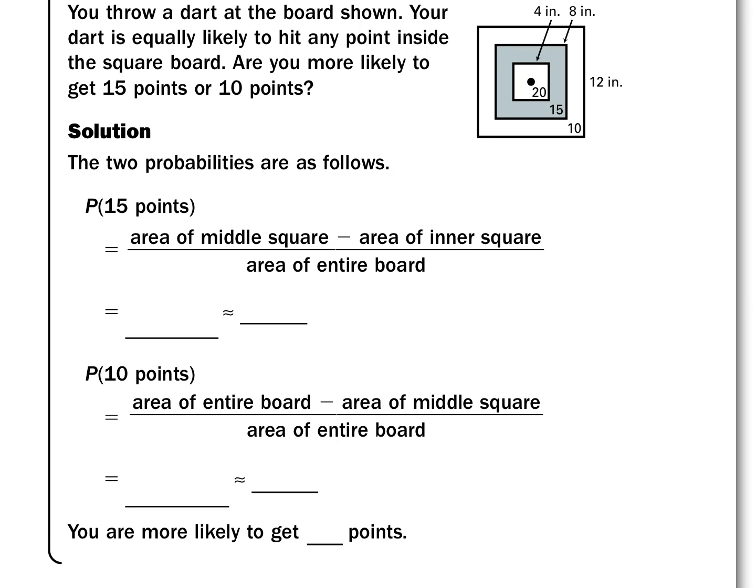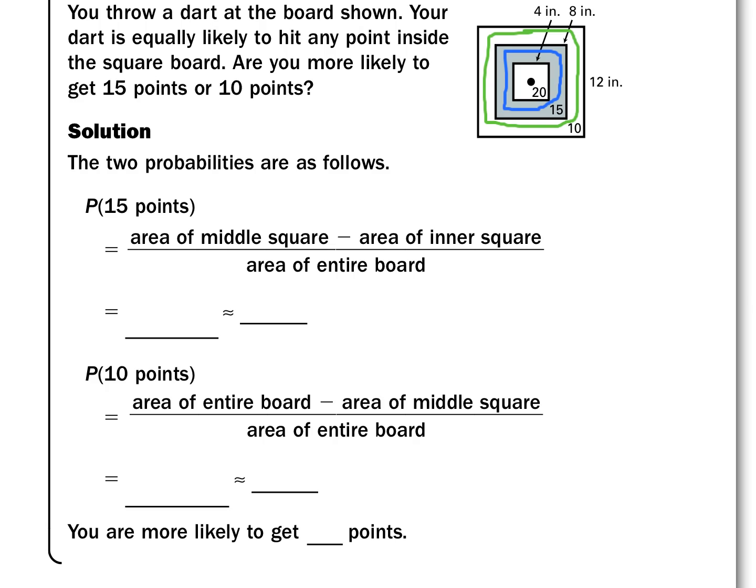Okay, so 15 points is this area right here. Okay, and 10 points is the area around the outside. Now, at first glance, it looks like the area around the outside is probably bigger, but let's verify that.